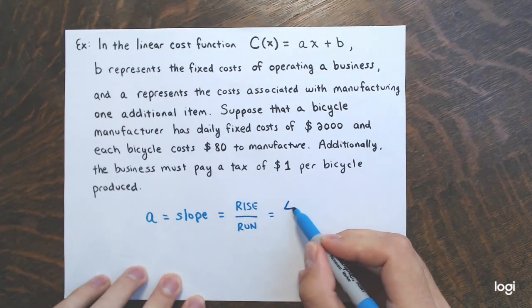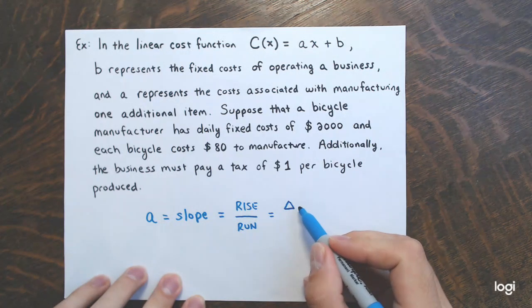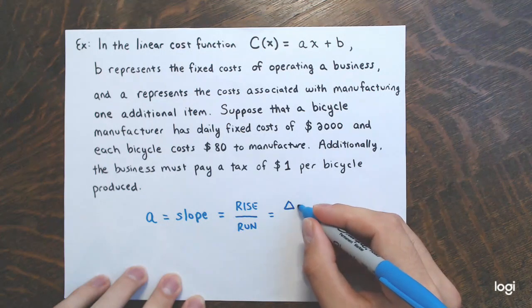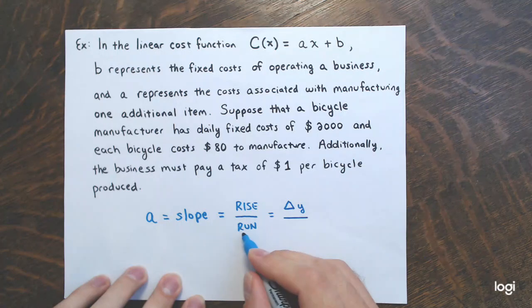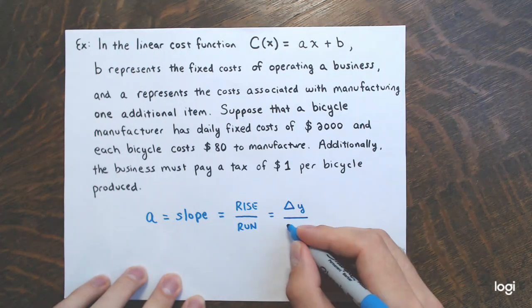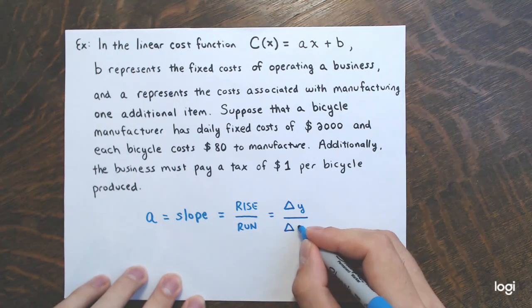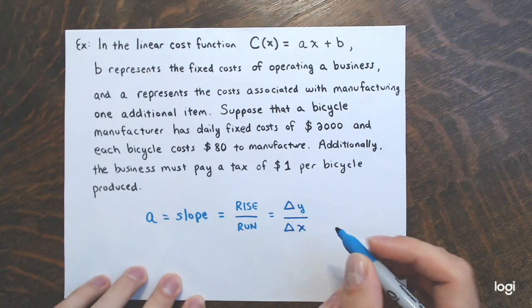It's the change in the dependent variable, or the change in y, divided by the run, which is your horizontal change, or the change in the independent variable, the change in the input, which in most cases is x.